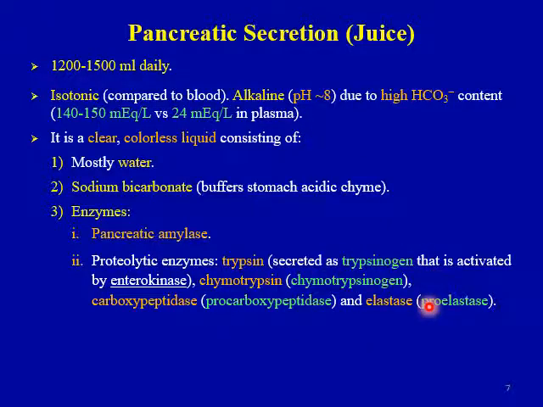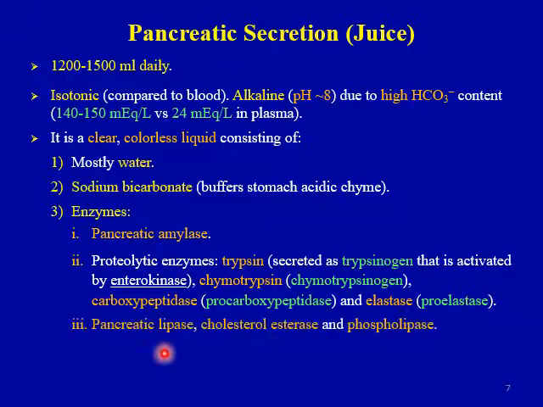All of these are, as I said, secreted as inactive enzymes. They will be changed or transformed to the active form in the duodenum, once they are released into the duodenum.